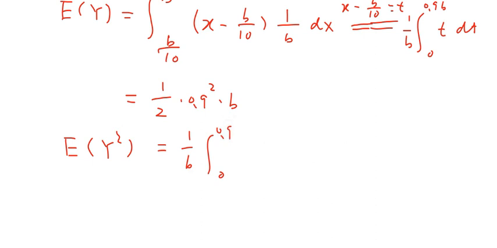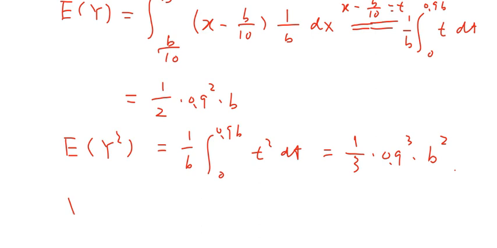Here it's t squared dt, so this equals 1 over 3, cancel one b, so it's 0.9 cubed times b squared.